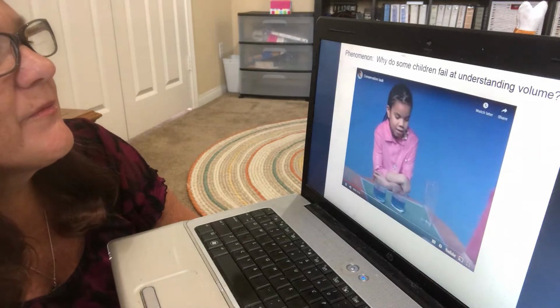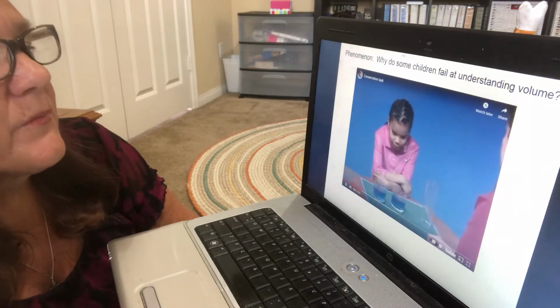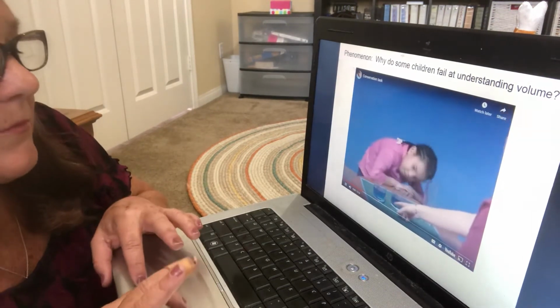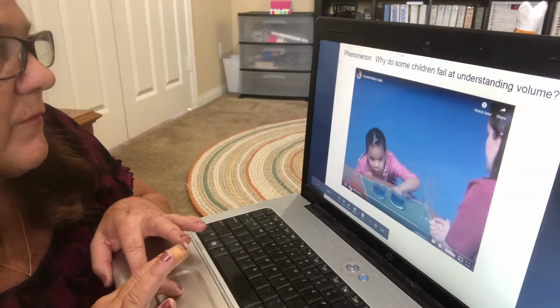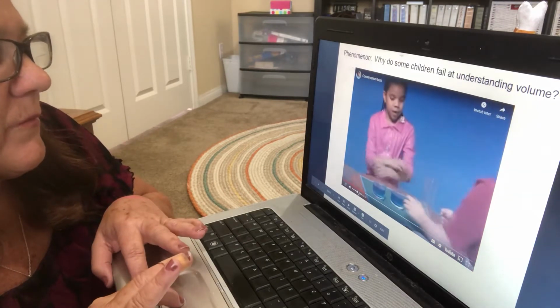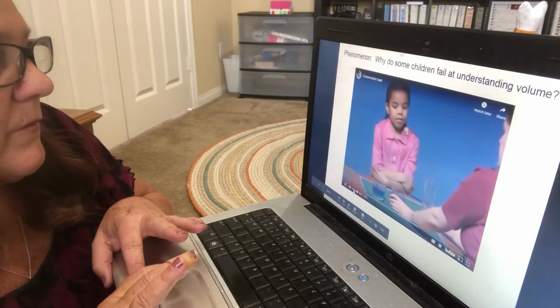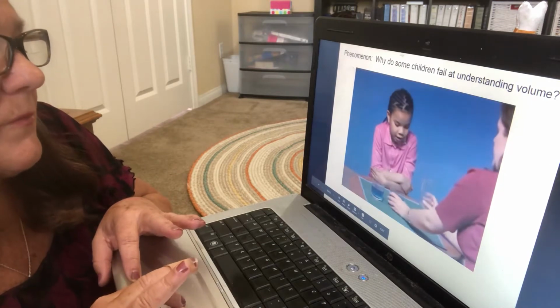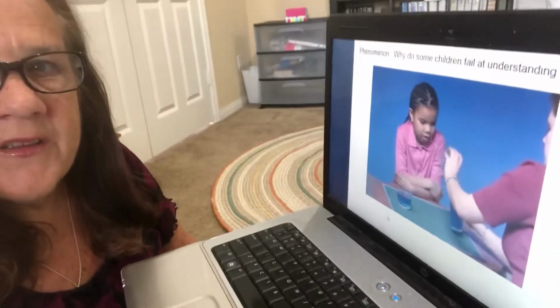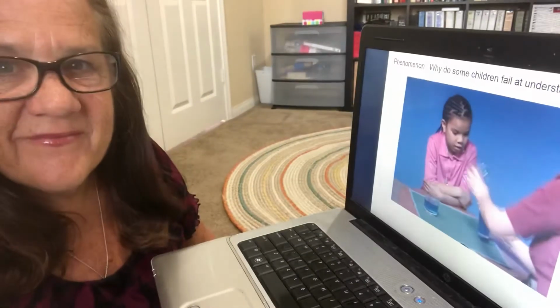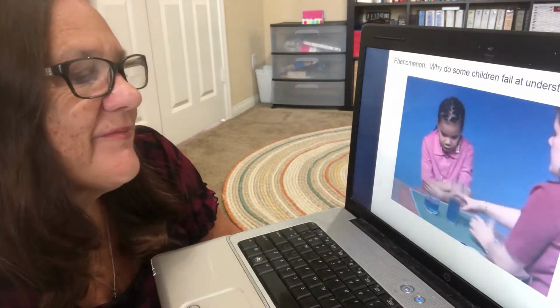So first we're going to look at these two cups right here. Do you think there's the same amount of juice in this glass as there is in that glass? They're even? Okay. So we're going to take the juice from this glass and pour it into this one right here. Okay, so now we're going to look at this glass and that one.